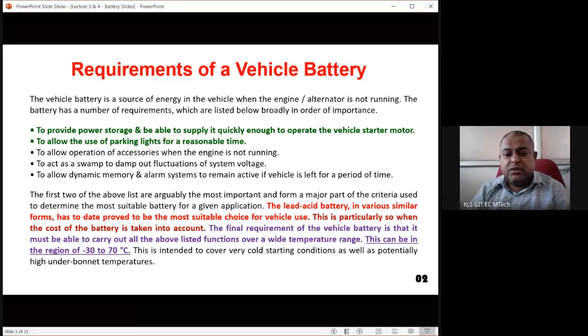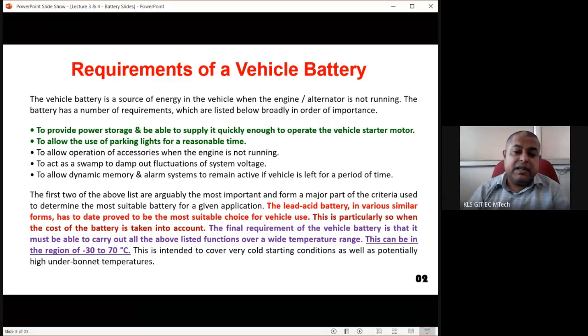This is intended to cover cold starting condition. So this is something which we have to understand. What is the cold start condition? If the ambient temperature is very less, the battery will require much more energy compared to when the ambient temperature is high.